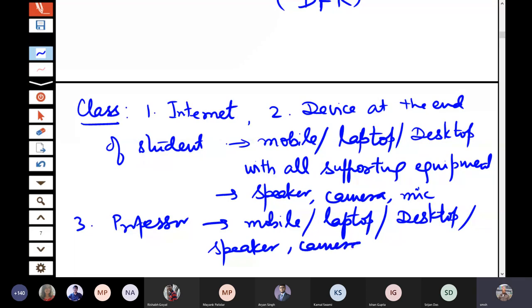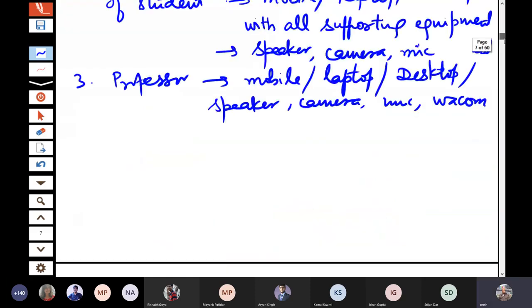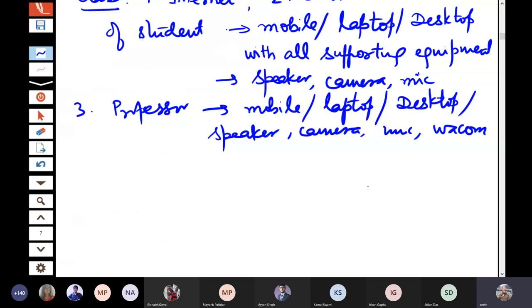So I need, for example, I am using a unit to write, and that unit to write is again a screen, and then there is a pen here, and again this is connected. So all of these things should be functioning in order that this class can be conducted smoothly. So each of them has a reliability, and of course there is a power also. If power is not there, then again things will not work.